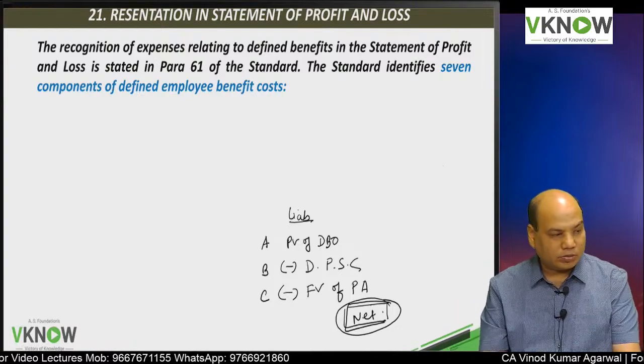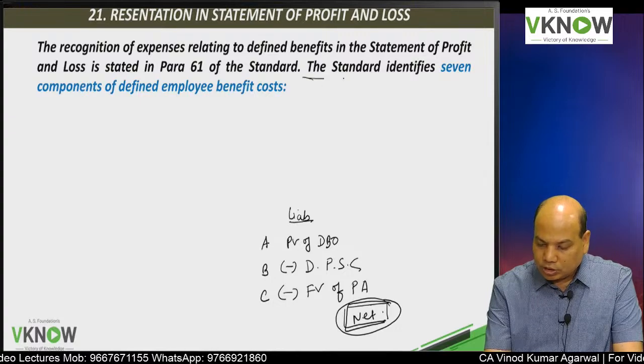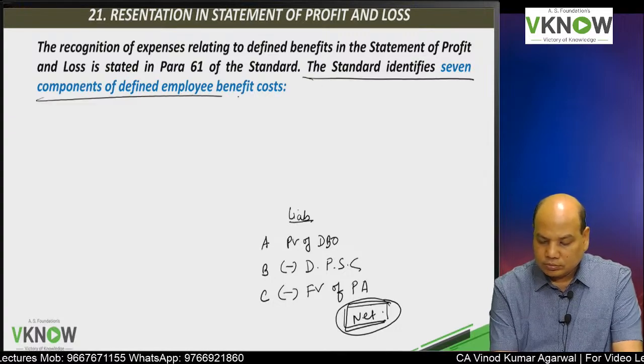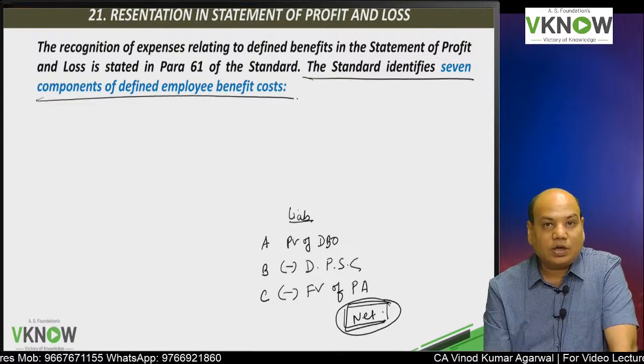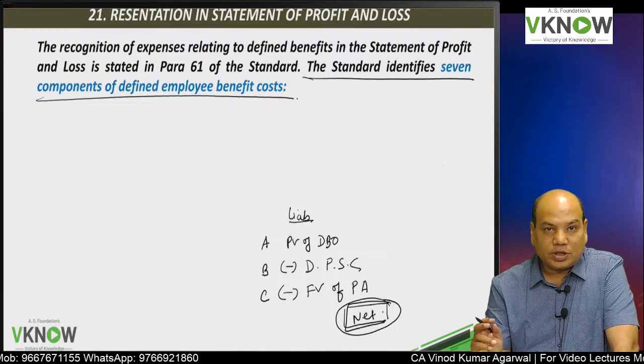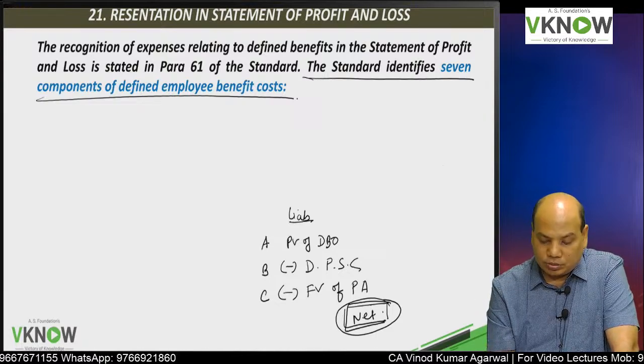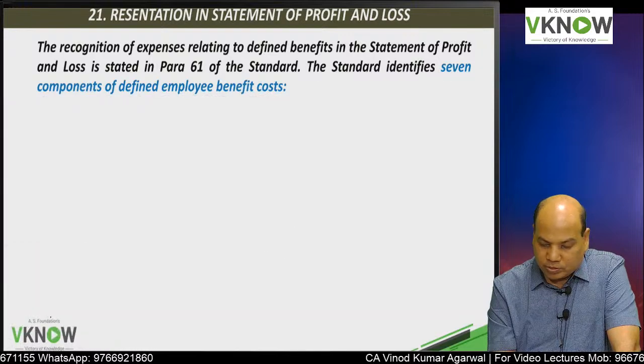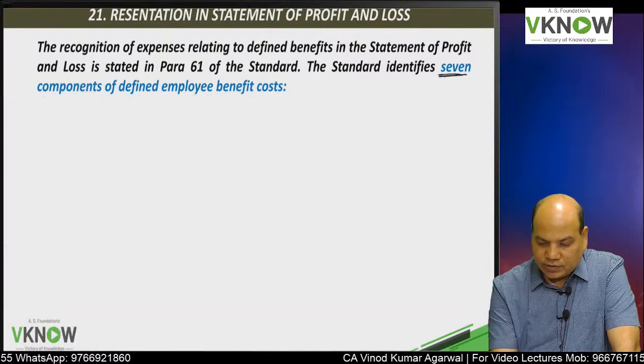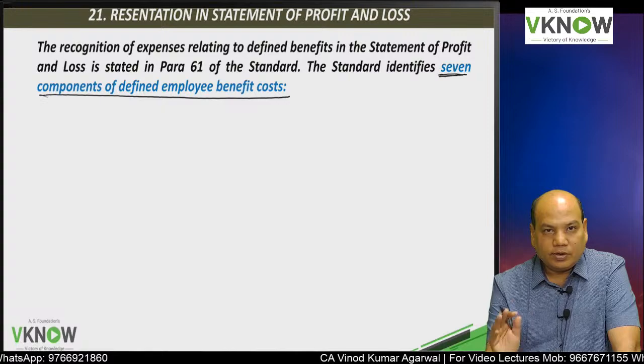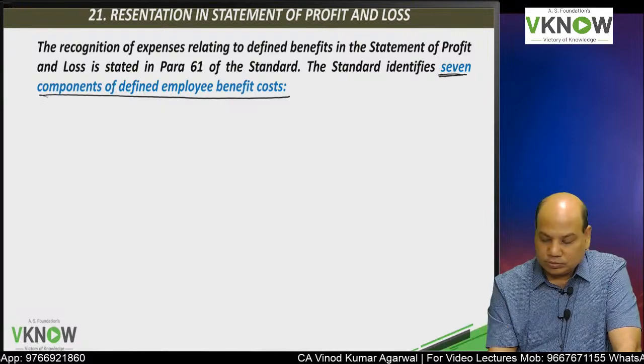Come to P&L account. Now P&L account has total 7 components with respect to defined benefit plan. Oh my God, how many components? 7 components. We have seen 4 of them till now.